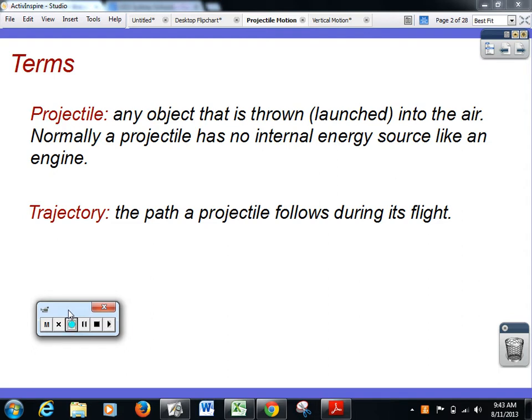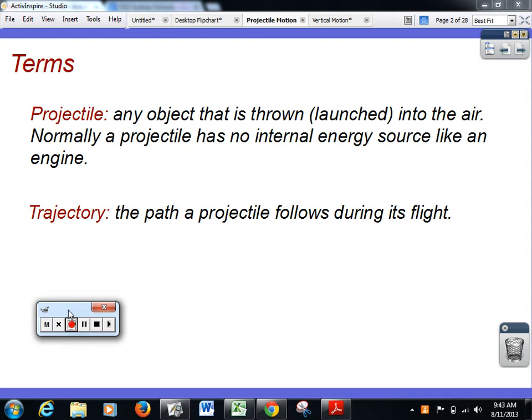A plane is not a projectile, because if it turned its engines off, what would happen to it? It would plummet to everyone's doom. Sorry, doom. Okay. Trajectory.